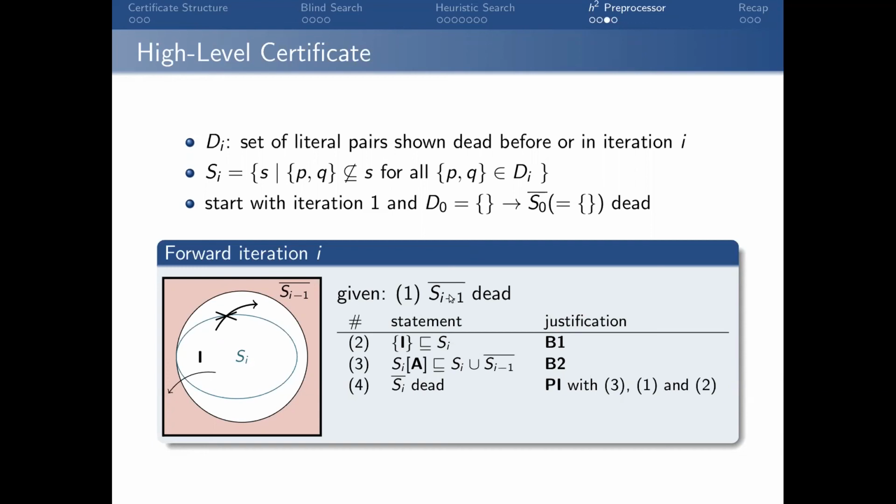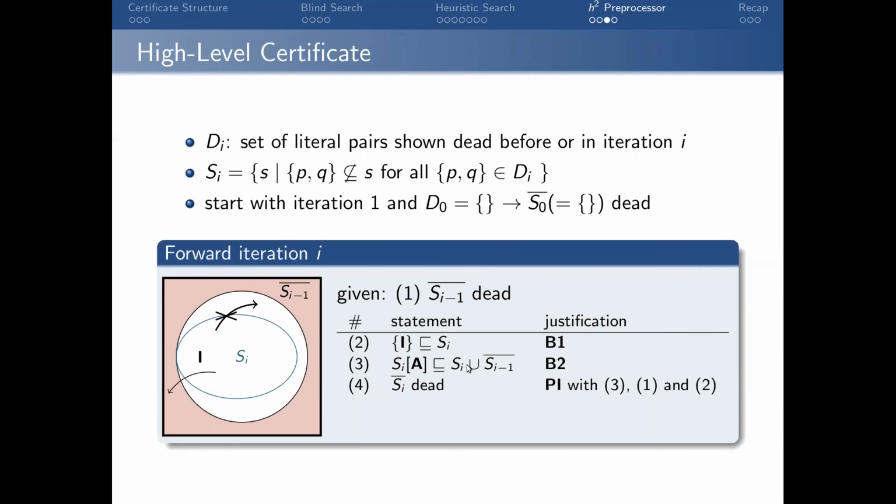And how can we now argue that the negation of Si is dead? In a forward iteration, we know that the initial state is still in Si because that we can reach, that cannot contain any dead pairs. It did not before, and because we start from I, we cannot suddenly exclude it. Then we know the progression is either in Si, or it goes to a state that was before already violating one of those dead pairs.